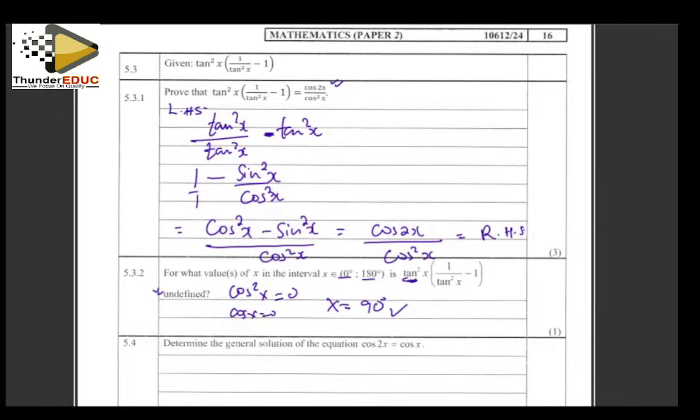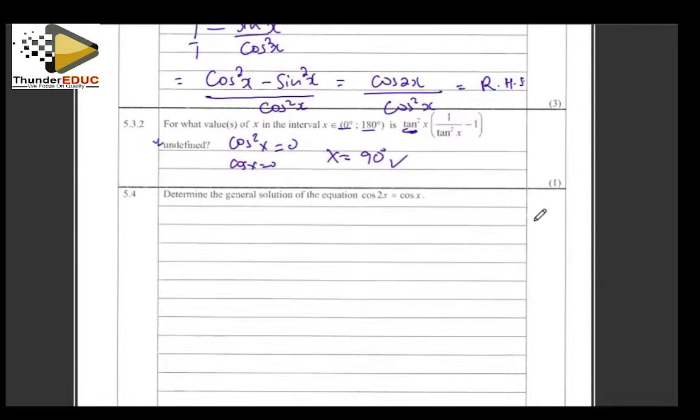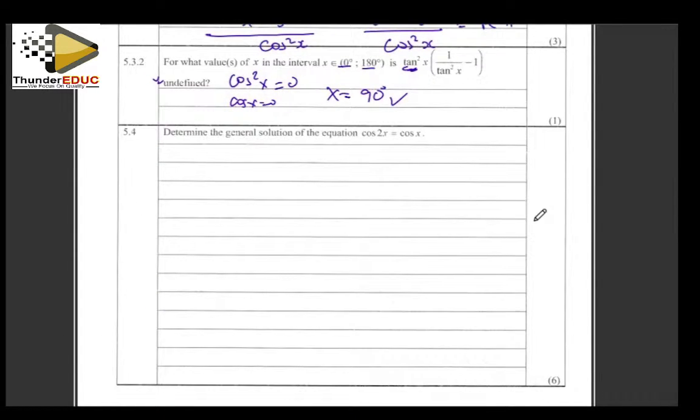Next, 5.4. They want us to find the general solution of the equation. So we have cos 2x is equal to cos x.